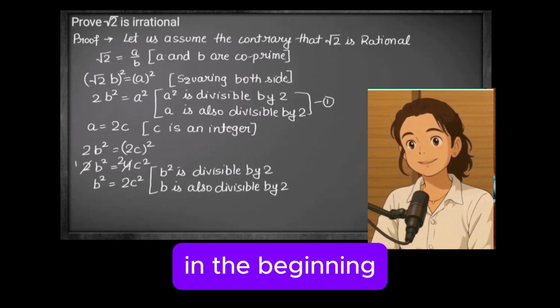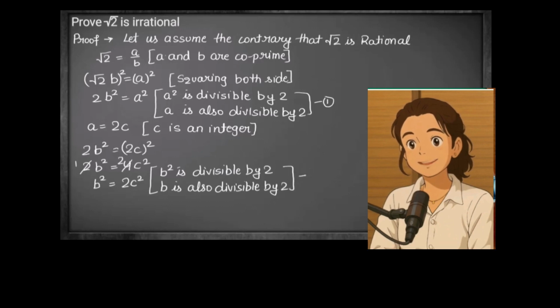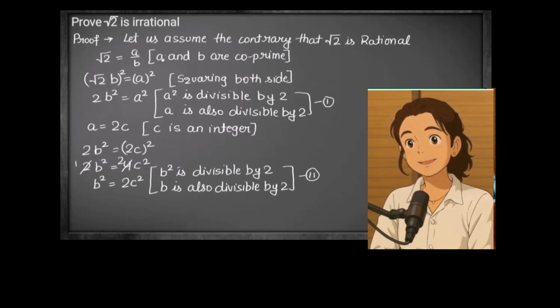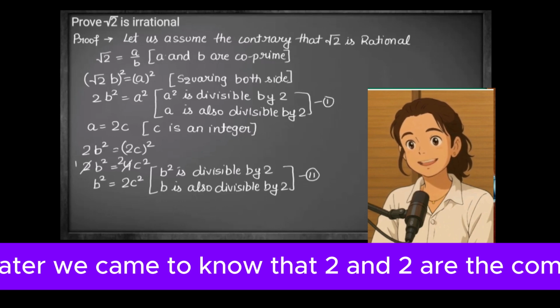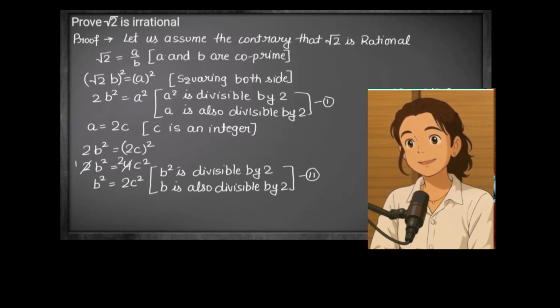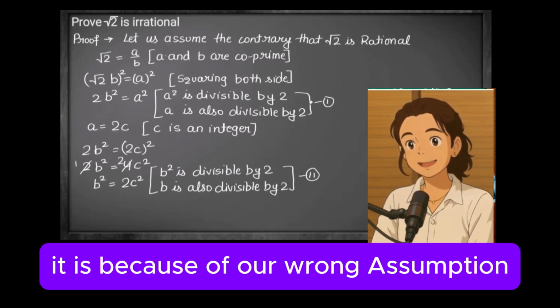In the beginning, we had assumed that a and b are coprime. They do not have any other common factor except 1. But later we came to know that 2 is a common factor of both a and b. So whatever contradiction we get in this question, it is because of our wrong assumption.